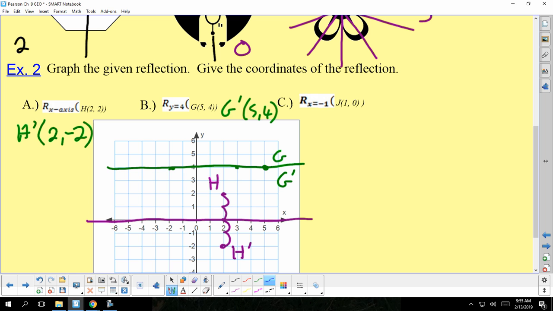J is at 1, 0. So there's J. And x equals negative 1. That is this vertical line right here in blue. And I can go ahead and count. 1, 2 over, 1, 2. There is J prime. So J prime is at point negative 3, 0. Let's try some more of these.